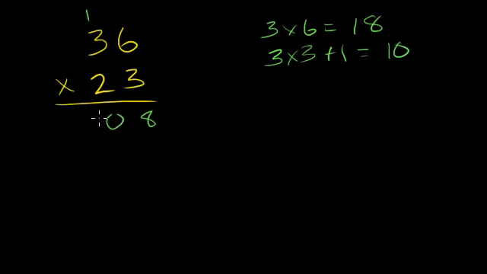So you put the 10 there, there's nothing left. So you essentially have solved the problem that 36 times 3 is equal to 108. That's what we've solved so far.